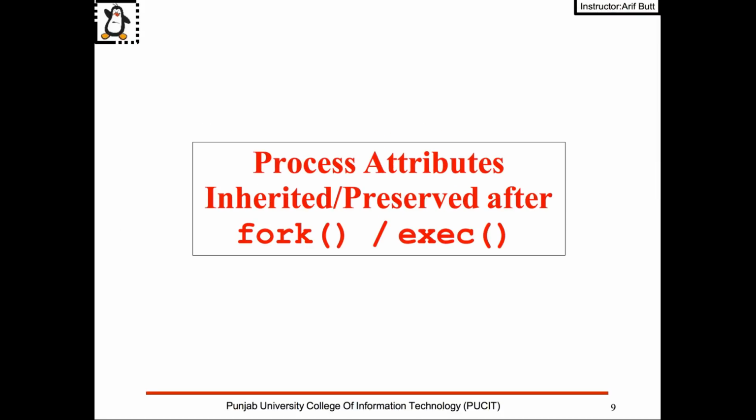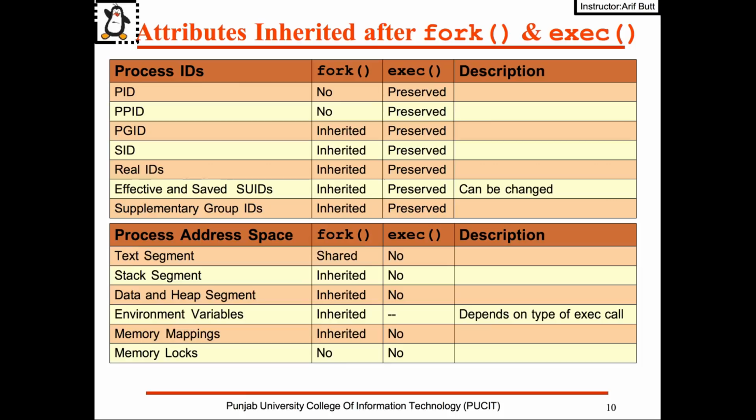Now let us quickly talk about the process attributes after a fork and an exec call. Well, dear students, after a fork, the child does not inherit the PID and PPID. After the fork, the child has its own PID and the parent PID.